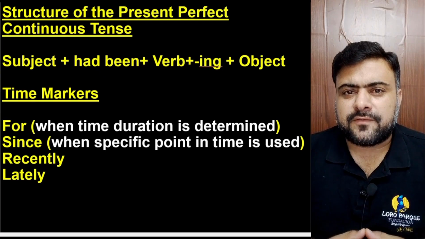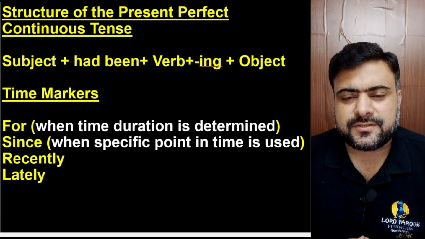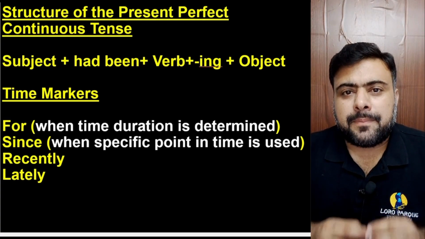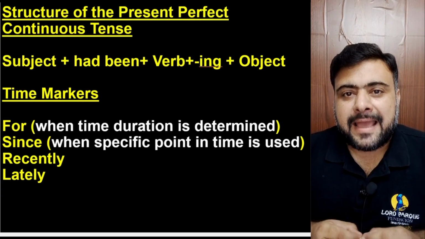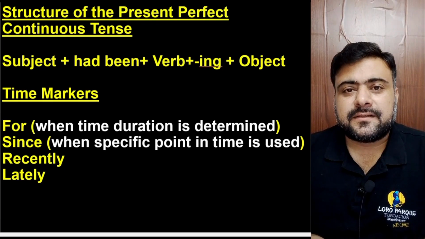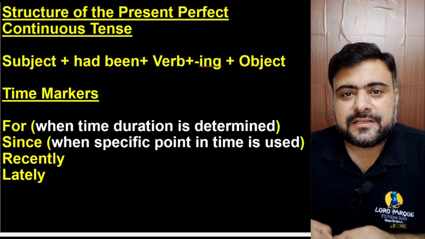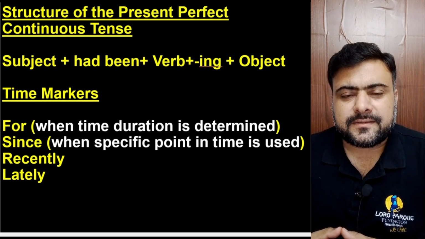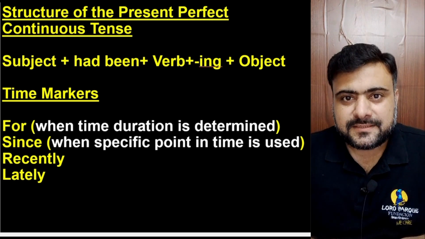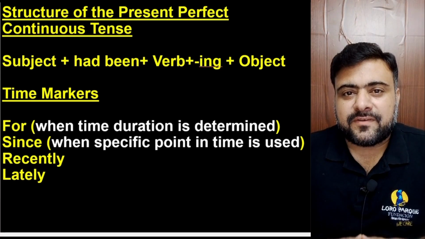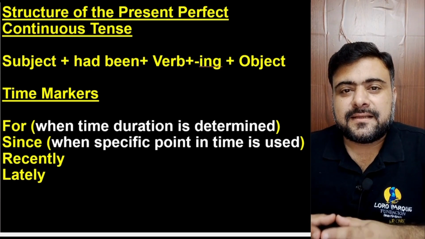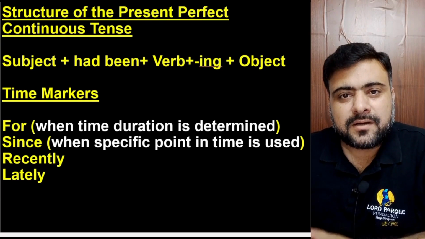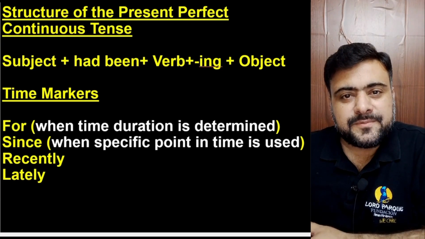Coming to the structure of the past perfect continuous tense, the structure is very simple. First, the subject plus the helping verb had been plus verb with an ing plus some kind of time marker plus the object.